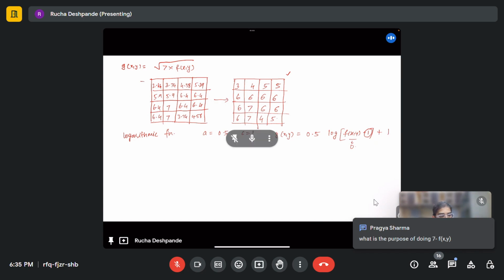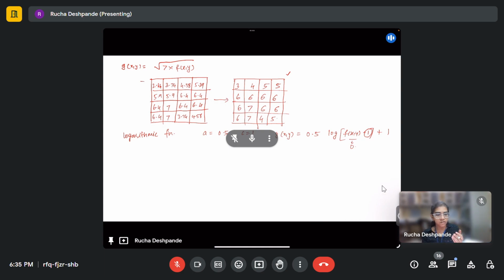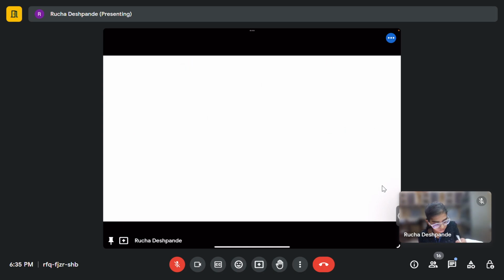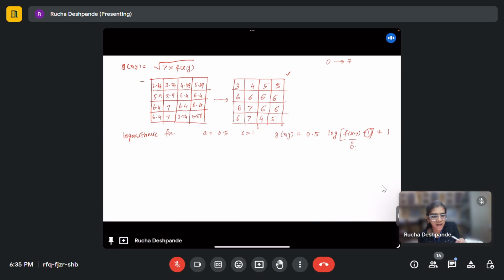7 minus f of x comma y, that is the inversion function. In inversion, what we said is that the darker pixel becomes the brightest. So 0 has to become 7, 1 will become 6, 2 will become 5, and so on.